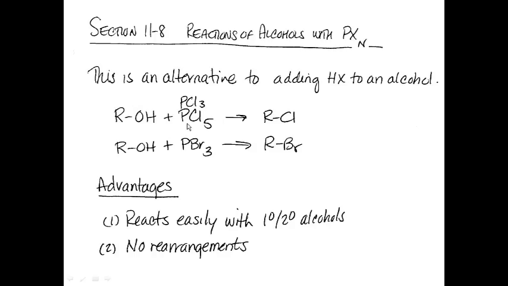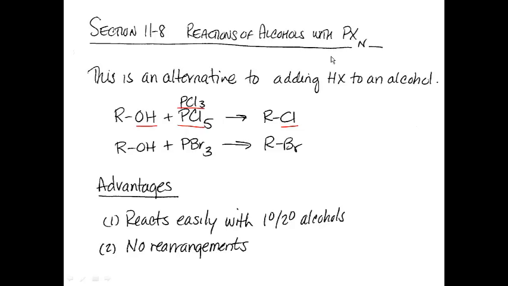There's many of these available, but we'll just talk about a couple of these. If you want to replace the OH with a chlorine, you can use either phosphorus trichloride or phosphorus pentachloride, and that will substitute OH for Cl.